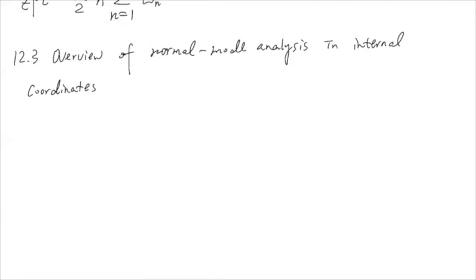Then you construct the Hessian matrix, then you diagonalize the Hessian matrix. For internal coordinates, of course, what you need to do is to first construct a set of internal coordinates, and then you transform the mass-weighted coordinate Hessian into the internal coordinate Hessian. And then you do the diagonalization. That's the basic procedure, right?